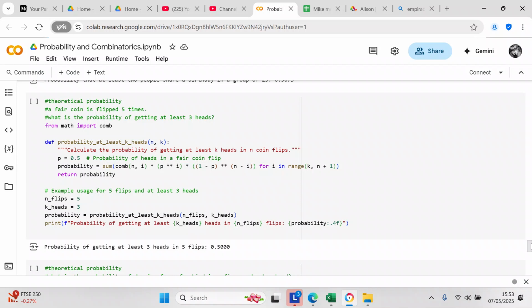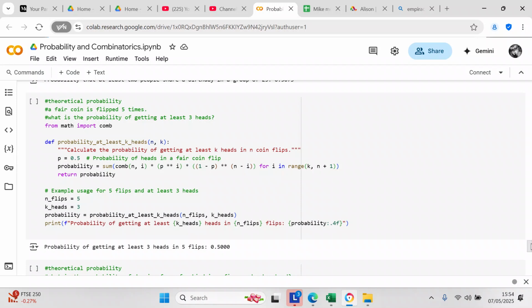Probability equals sum of comb(n, i) times p to the power of i, times (1 minus p) to the power of n minus i, for i in range(k, n plus 1). And then you're going to return the probability.